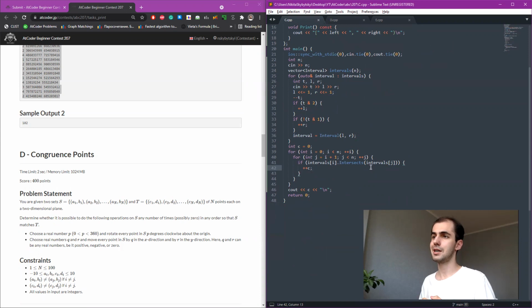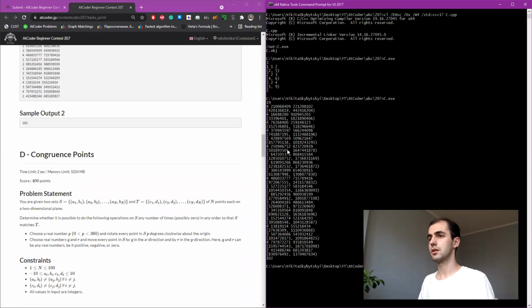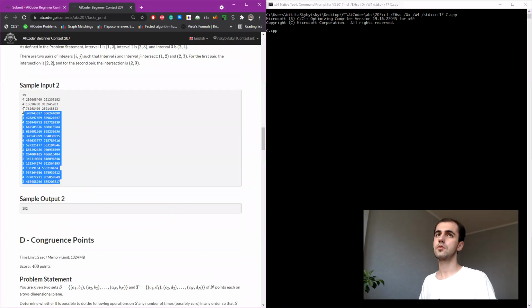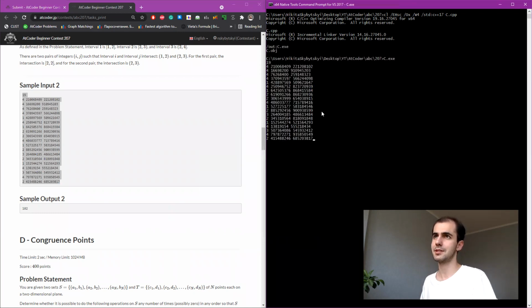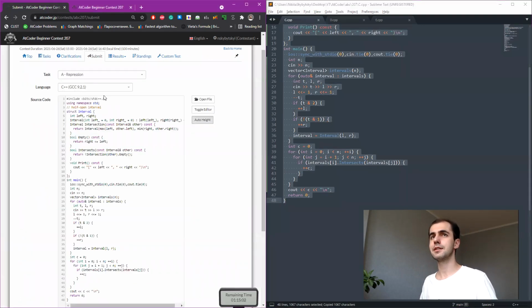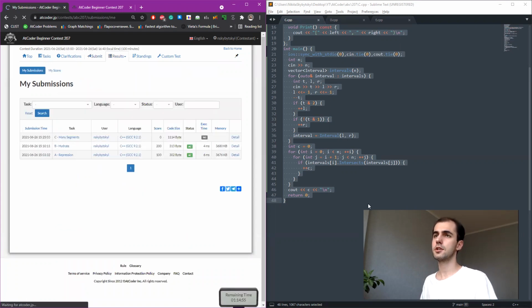Now that was one way to do it. That trick to work with integer points only is useful. I don't know how common it is, most likely not common at all. Anyway, let's submit this for C. And it should work, right?